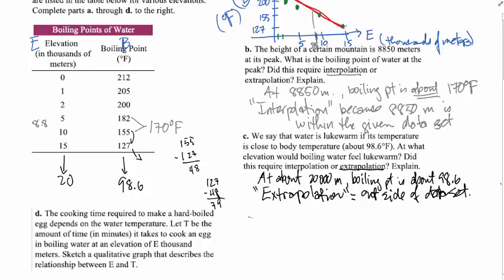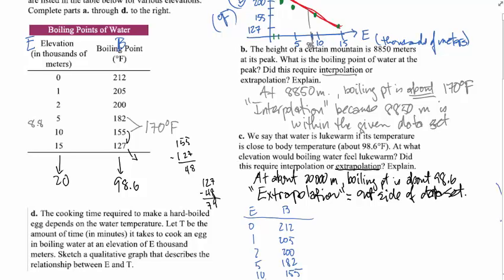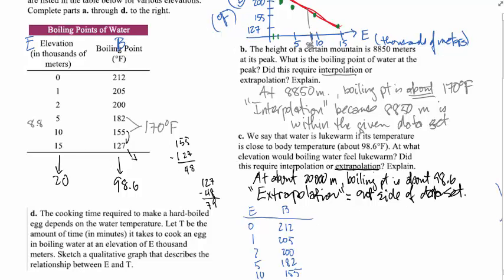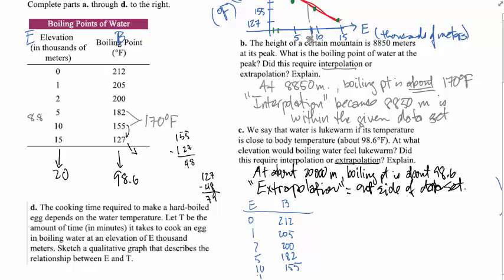Let me redo this table where you have E and B. And you got 0 to 212, 1, 205, 2, 200, 5, 182, 10, 155, and 15 and 127.